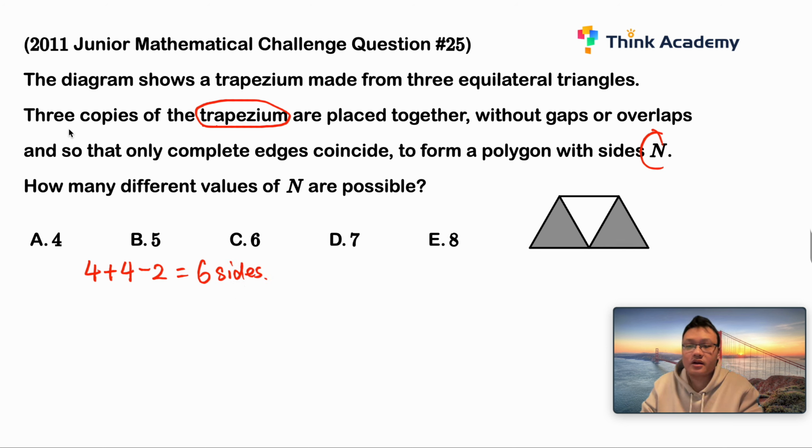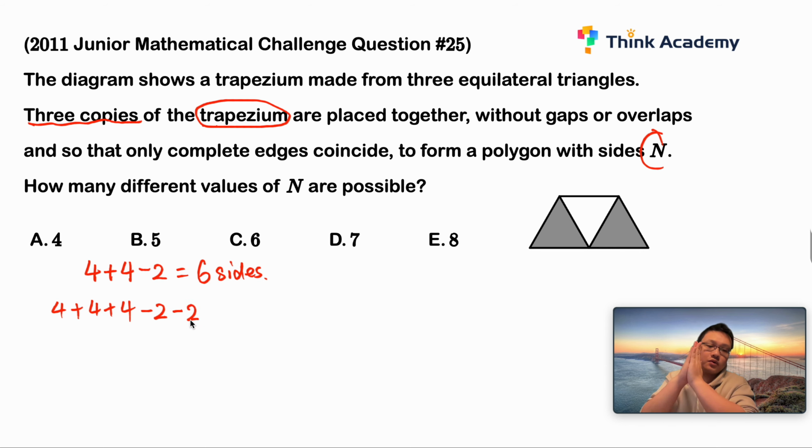But here you got 3 copies of that. That means if you put 3 of this trapezium together, that will be 4 plus 4 plus 4. Each of them has 4 sides. And if you combine 2 of them, at least you have to take away 2 sides, because that cannot be the outside length, right? And then also you have to take away 2 more, because you got 3.